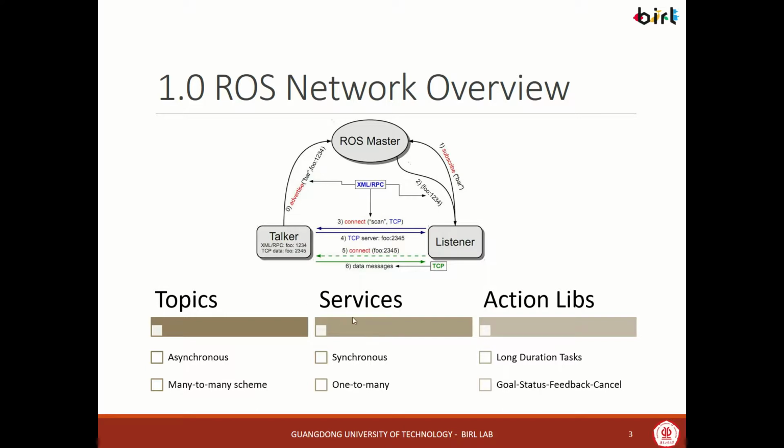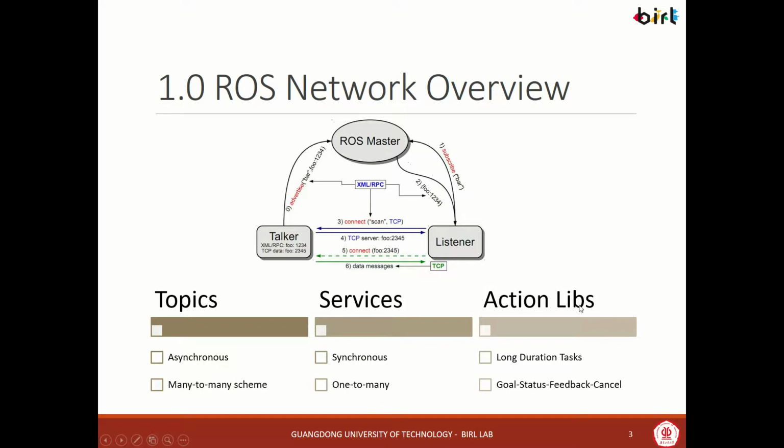The second one is going to be services. Services is a lot more focused. It's a synchronous and a one-to-many communication scheme. So you'll have a client and a server. We'll look at that in our next lecture, where the client has a very particular request from the server, and the server then replies with an answer. We might have one node that has several client calls to different servers, so it can be a one-to-many.